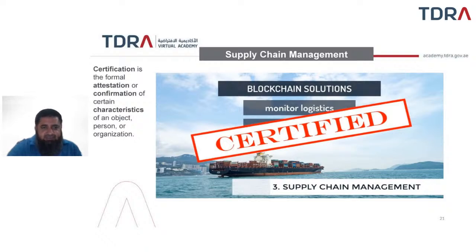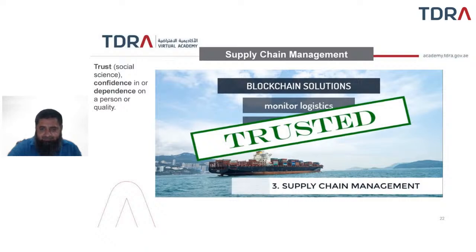We know that certification is the formal attestation or confirmation of certain characteristics of an object, person, or organization. We can also trust it because of its transparency feature, and so all these ingredients make the supply chain more reliable and less expensive.